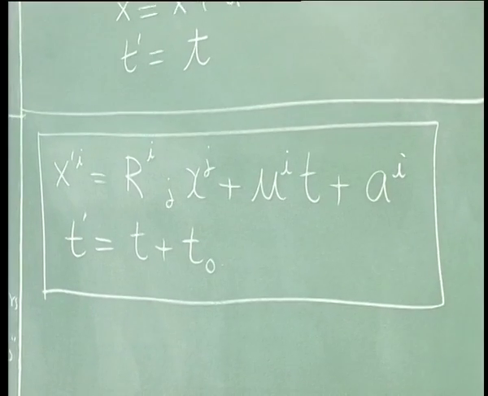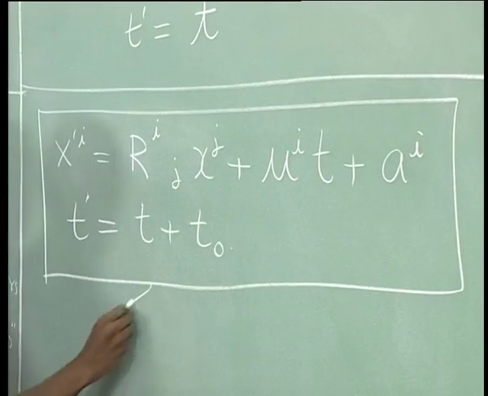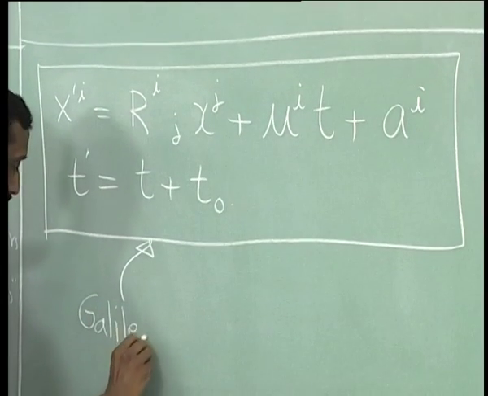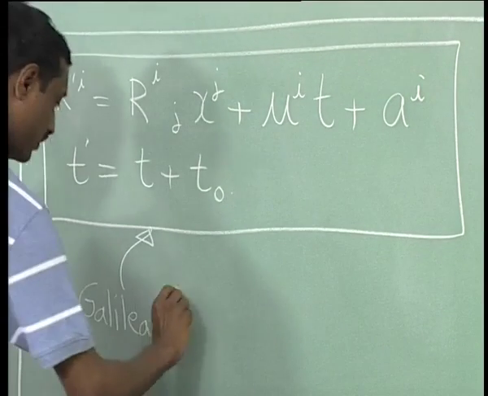Okay. So this is the most general thing, and this set of transformations are called Galilean transformations.